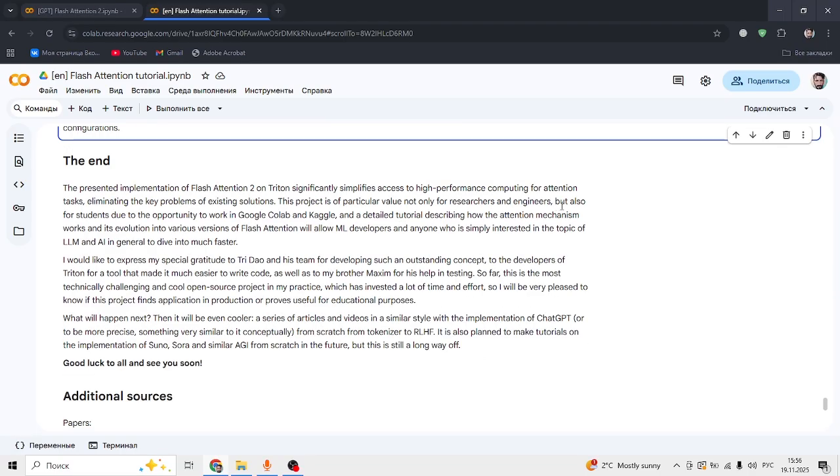And at the end, I want to tell you that this project was very hard for me. I mean, in terms of open source, this is the coolest and hardest open source project. And I'm glad that I did this because it solved a real problem, as I said before.